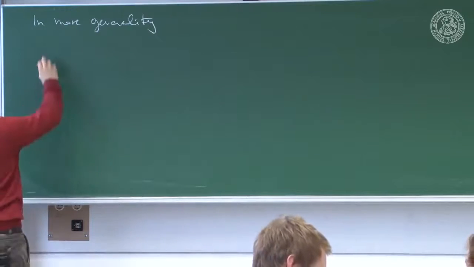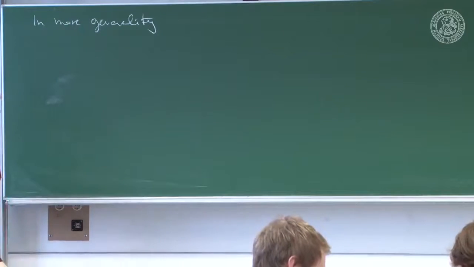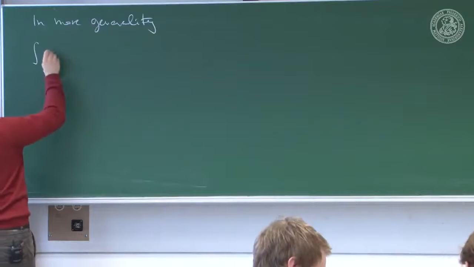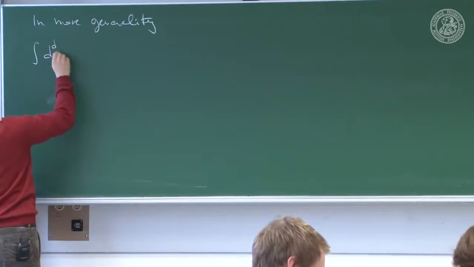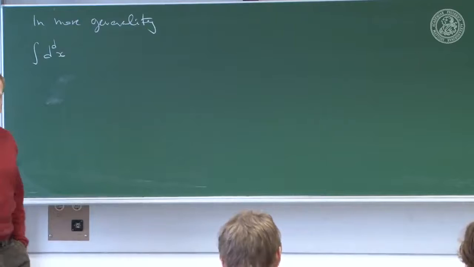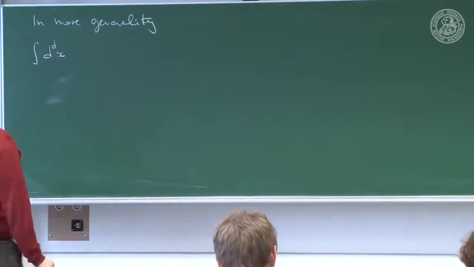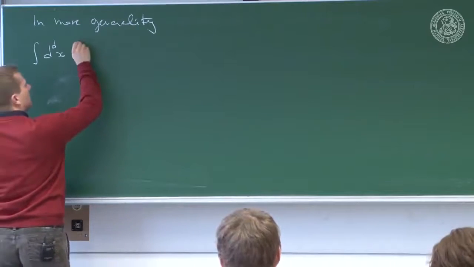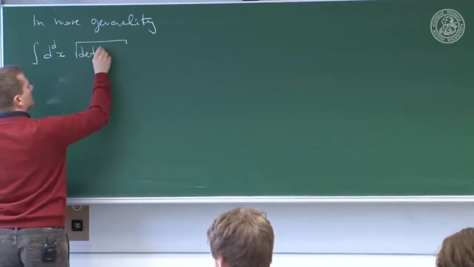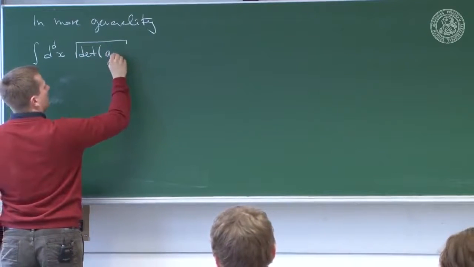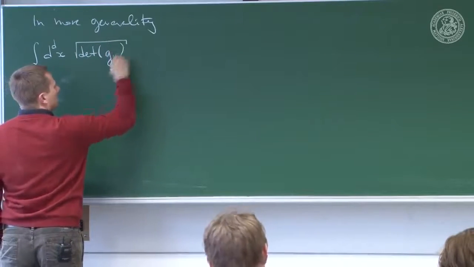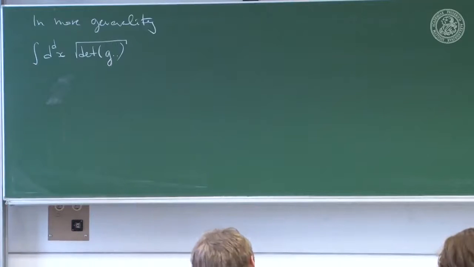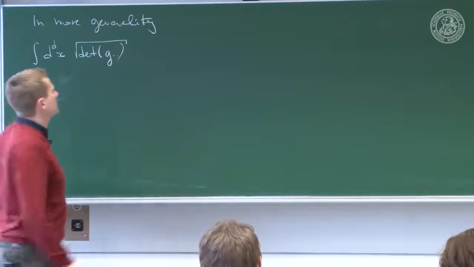So let's look at an integral d to the dx, where x are some coordinates. I propose to write a determinant of a 0,2 tensor. I indicate this by 2 dots down here.